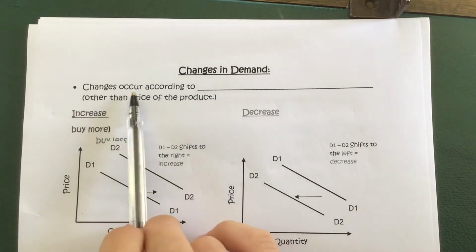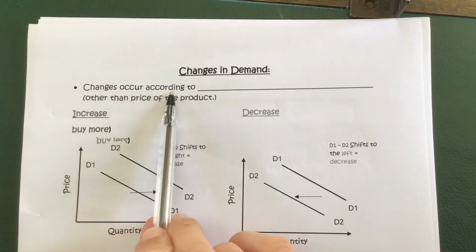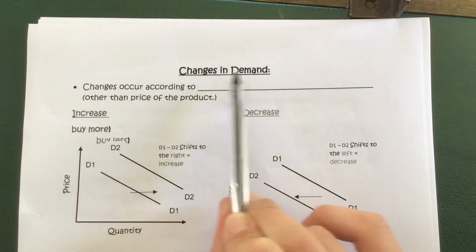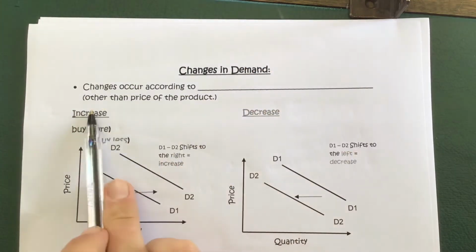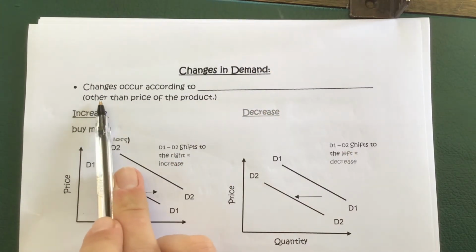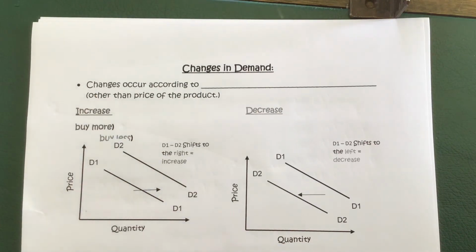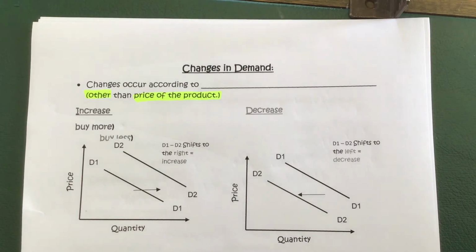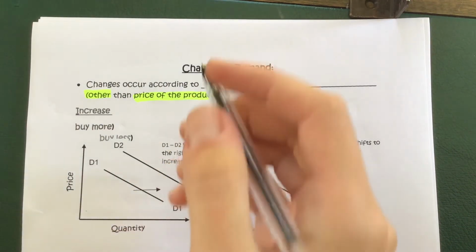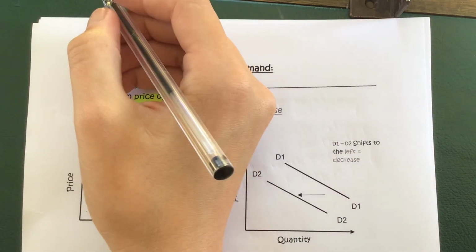So I say changes according to, and we need to list all of these things. There wasn't much space now, okay? And we're not going to be talking about the price of the product at all, okay? So that isn't why changes in demand happen. So let's discuss why changes in demand happen, okay?